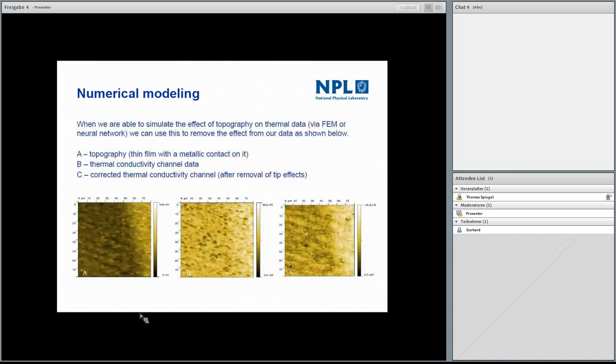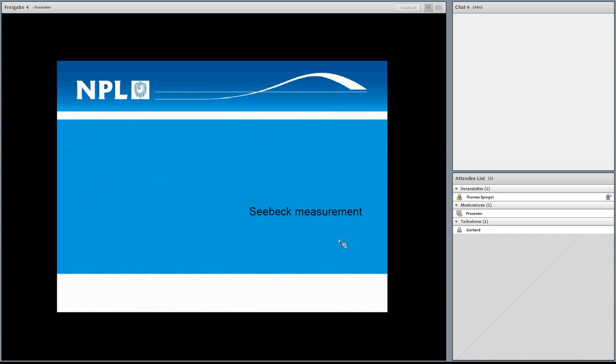And they are able, for an image, for example, when you have topography here in A, thermal conductivity, to deconvolute the correlation between topography and thermal conductivity, because there is a lot of crosstalk in this. And this is very important in our measurement, because we don't know if we measure topography or the thermal conductivity, and we need to go through this loop of simulation.